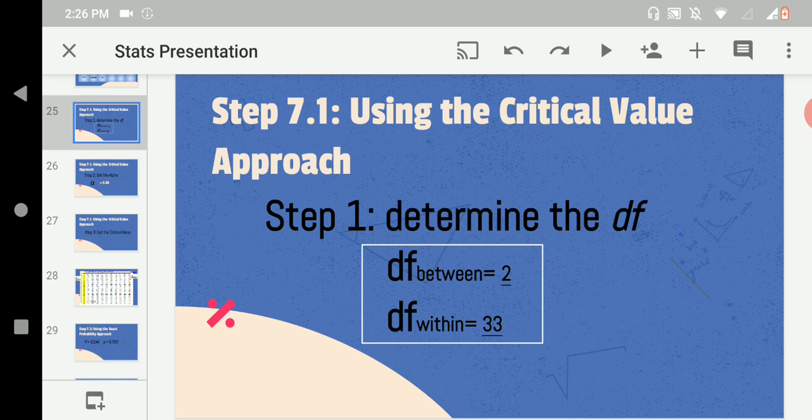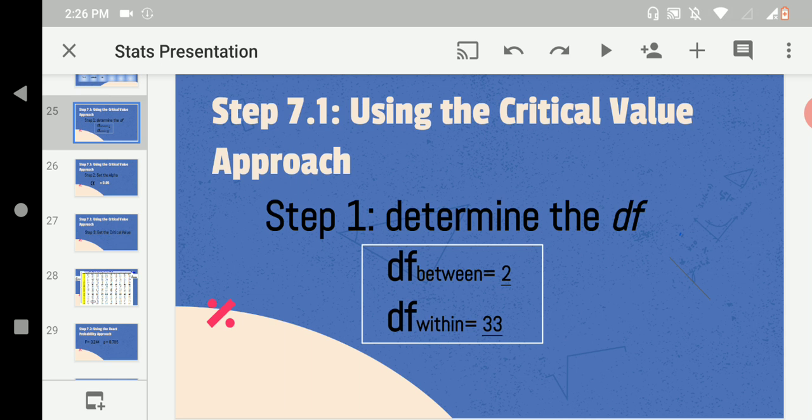So why are we calculating this? We are calculating this for us to know if we're going to reject the null hypothesis and accept the alternative, or accept the null and reject the alternative hypothesis.